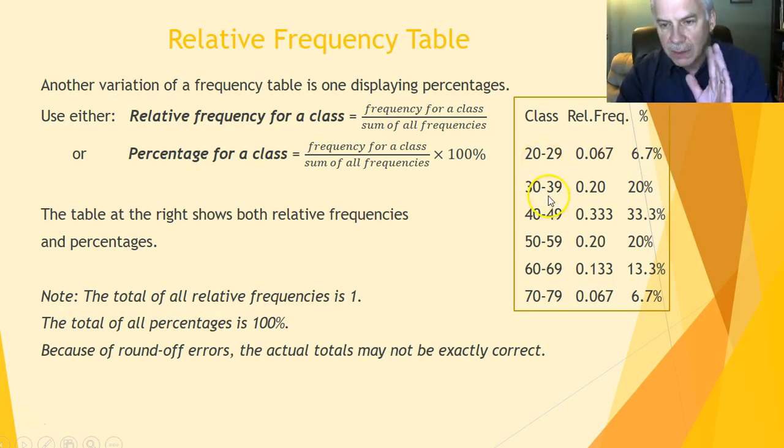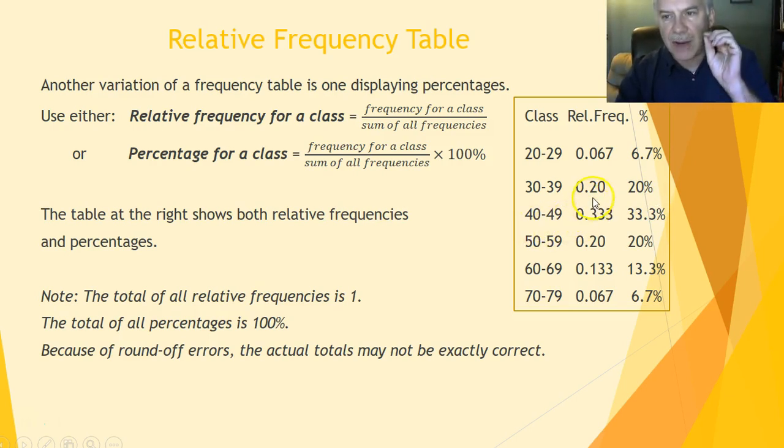Now, the second class, 30 to 39, had 3 numbers in it. So you divide 3 by 15. You're always dividing by the total of 15 for this situation. And 3 divided by 15 comes out to 0.2, and that converts to 20%. In the class from 40 to 49, there were 5 numbers.